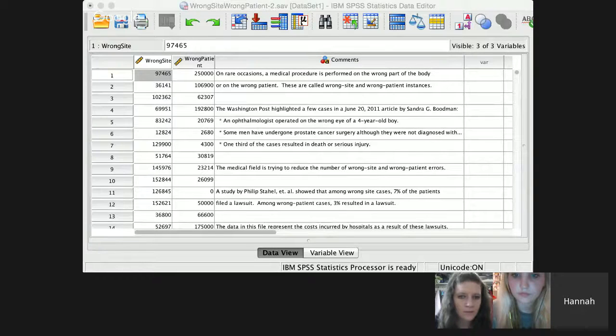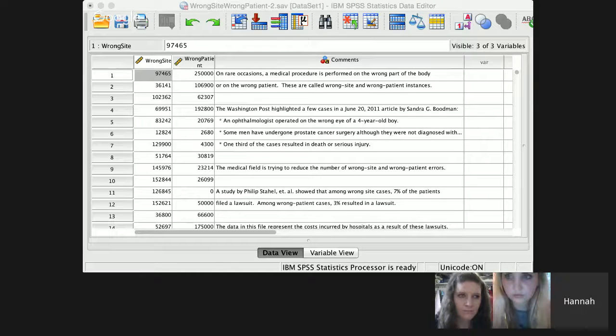Okay, so the first question. Oh, actually, I guess we should read this part first. It says, on rare occasions, a medical procedure is performed on the wrong body part of a patient's body or on the wrong patient. These are called wrong site and wrong patient mistakes. Such errors occur hundreds of times each year across the United States. The medical community is trying to eliminate these errors, but has had difficulty reducing their frequency.